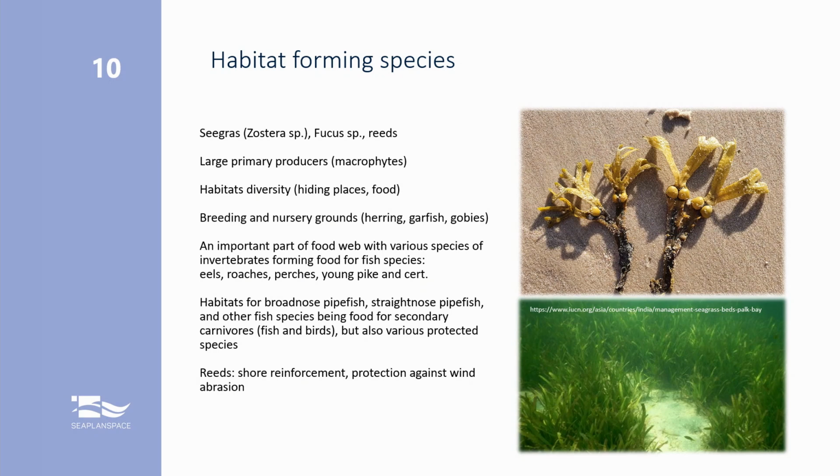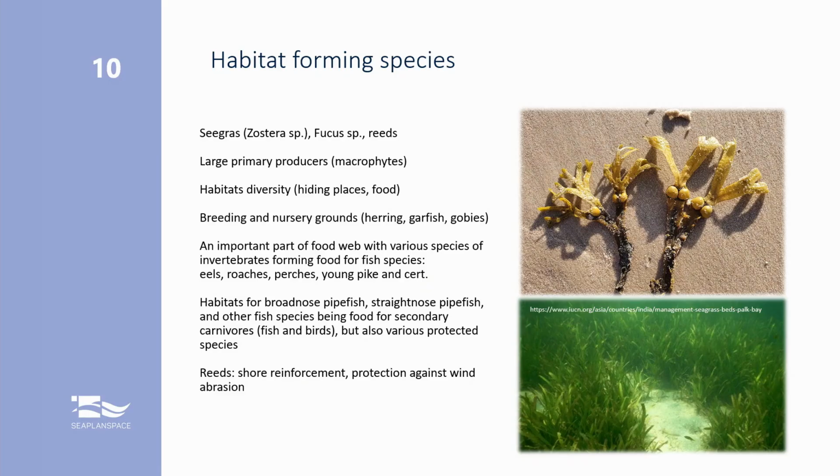Habitat-forming species like seagrass, or macrophytes in general, are also habitats for various fish species like different types of pipefish, broad-nosed pipefish, straight-nosed pipefish, and other fish species, which can also be food for secondary carnivores, such as other fish species and birds.